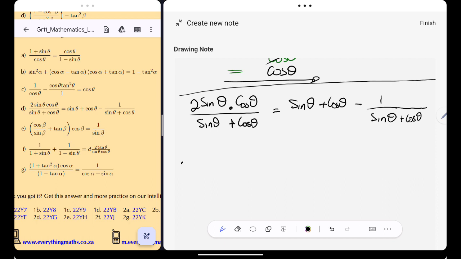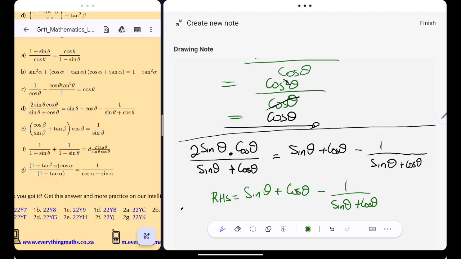The most complicated side this time around is the right hand side. Whenever I take the right hand side, the first thing I need to do, let me write the right hand side. The right hand side is equal to sine theta plus cos theta minus 1 over sine theta plus cos theta.